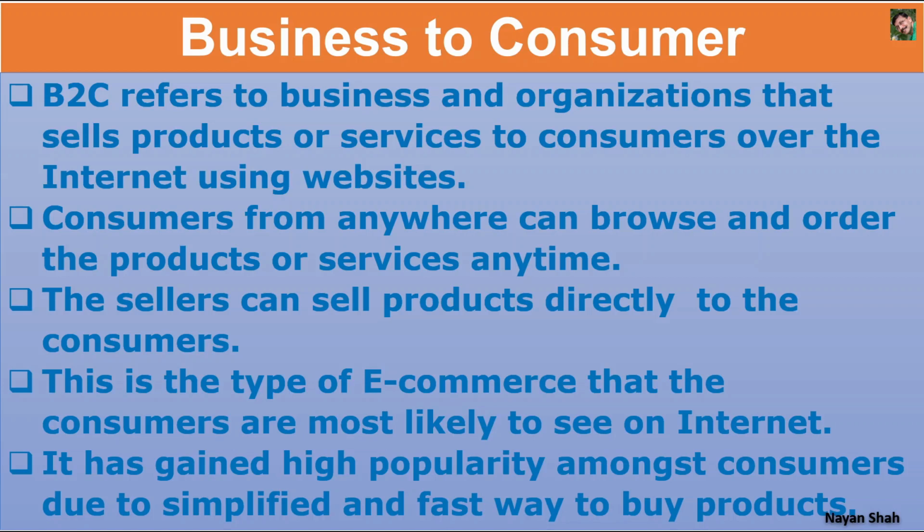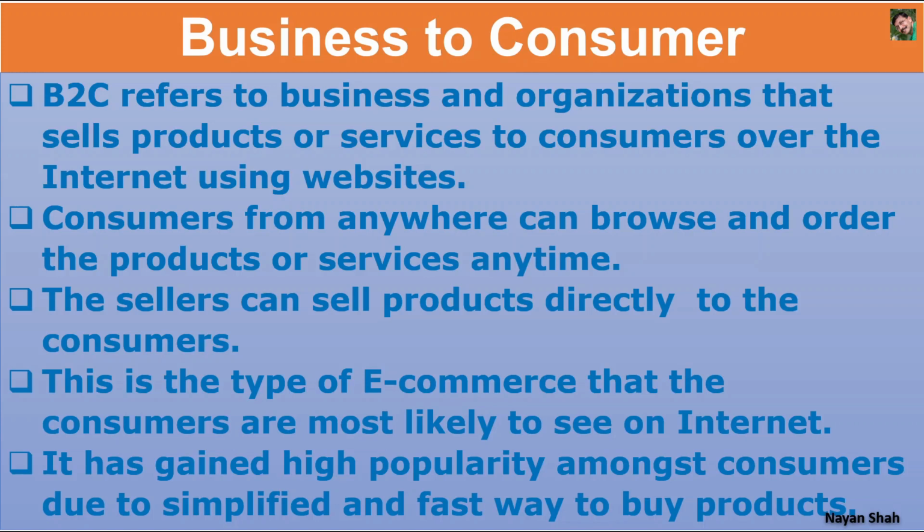The sellers can sell products directly to the consumer. So here the sellers come via the website, but there are no intermediaries in between, no commission agents. So the seller can sell products directly to the consumer through that e-commerce website. This is the type of e-commerce that consumers are most likely to see on the internet.